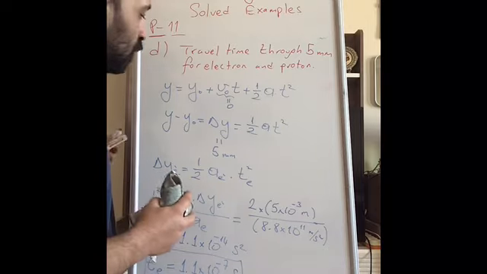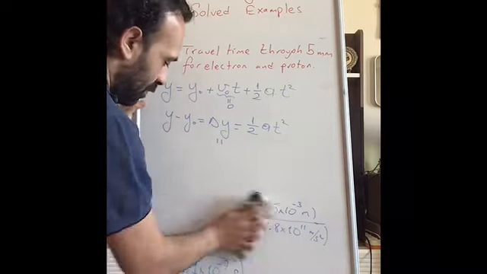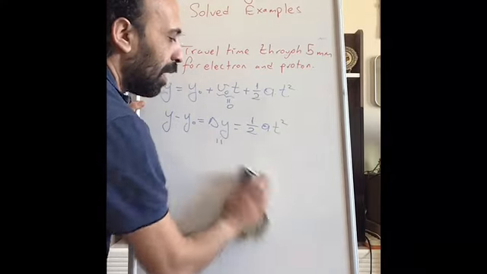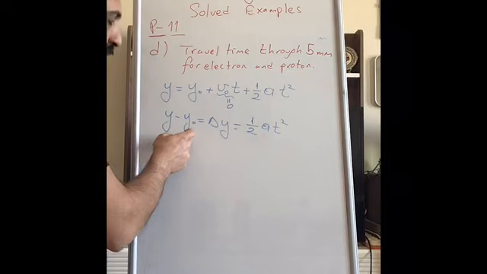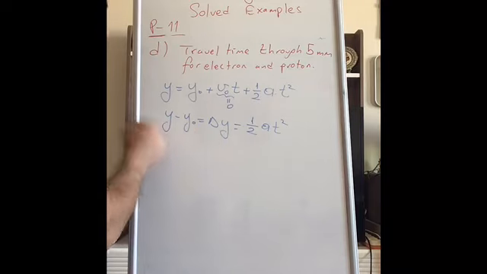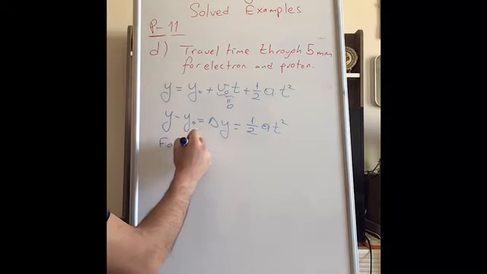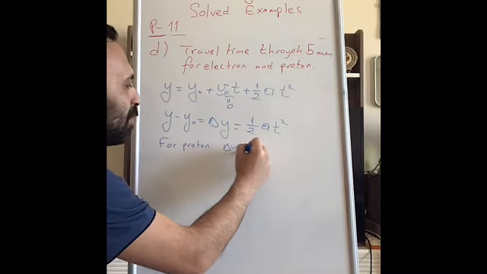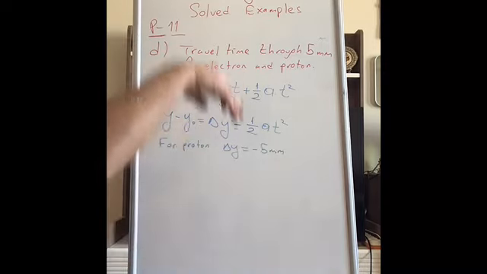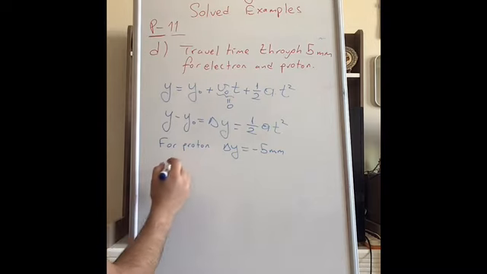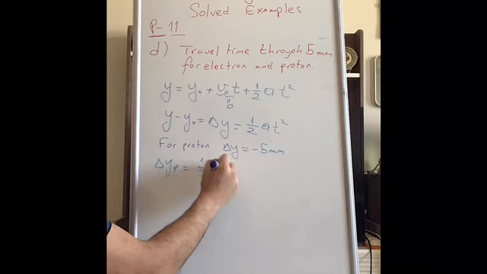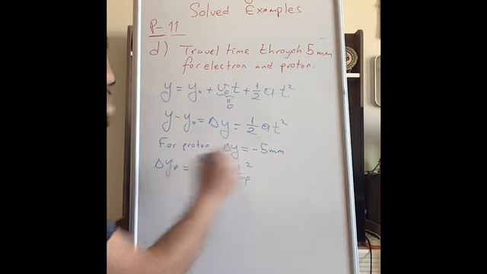Alright, now we are going to move to the proton. For the proton, y0 is equal to 10, while y is 15. So delta y for the proton will be equal to minus 5 millimeter because it is moving in the negative direction. Again we are going to use this equation: delta y proton will be equal to 1/2 a proton times t proton squared.